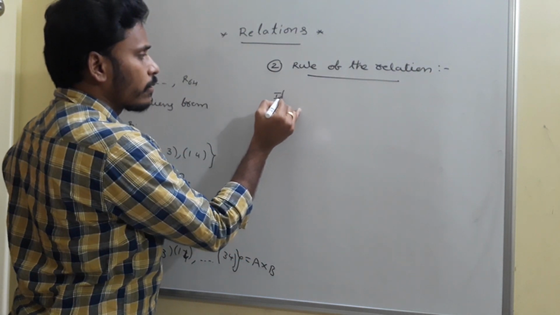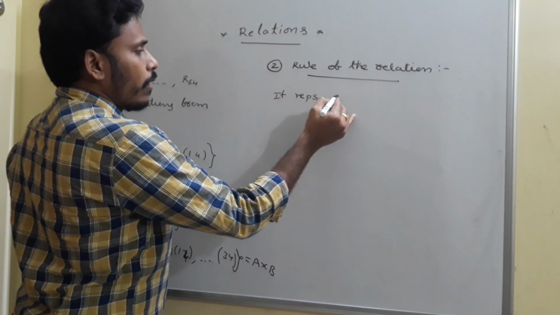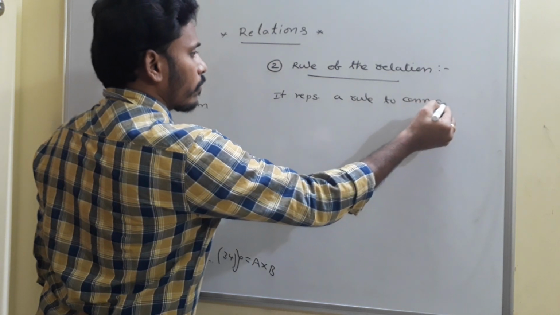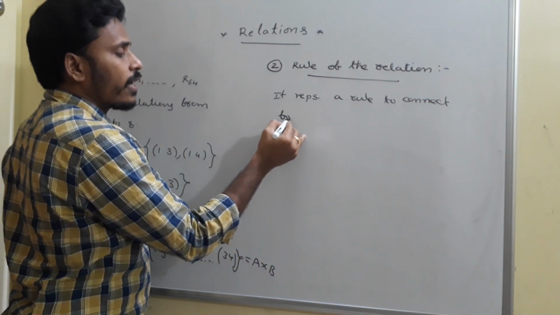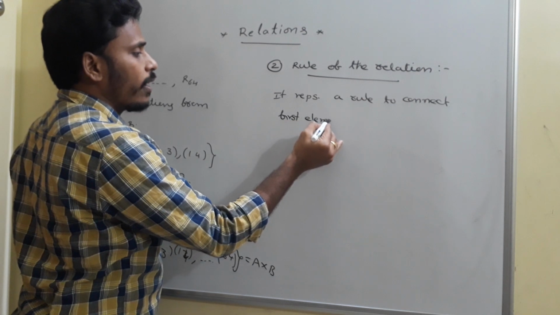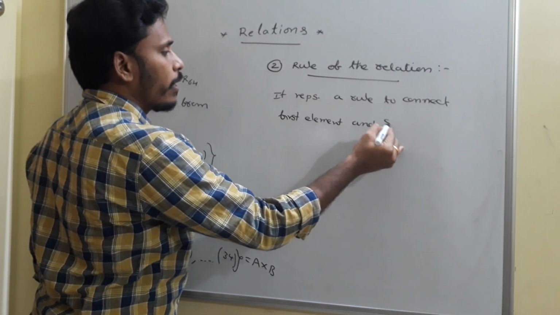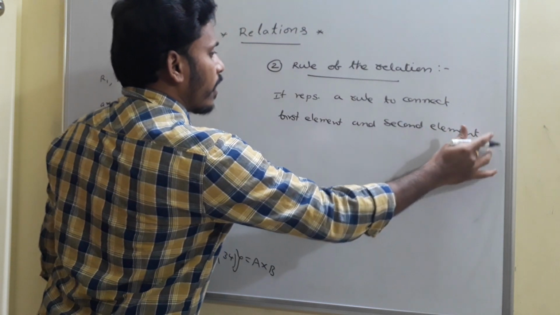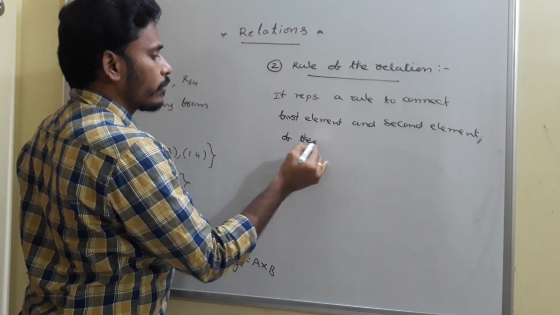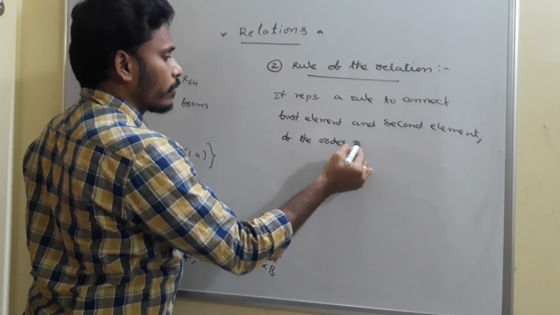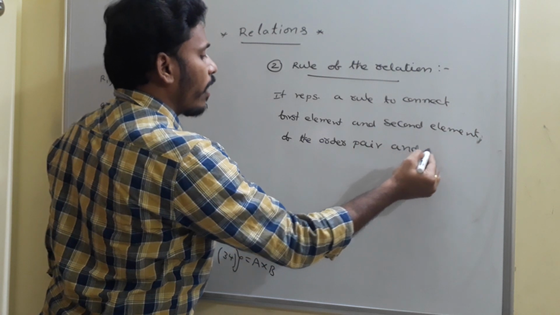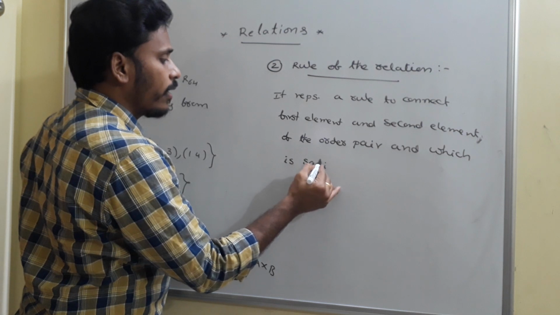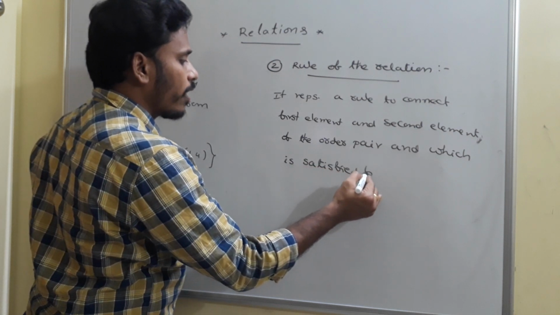It represents a rule to connect the first element and the second element of the ordered pair, and which is satisfied by every ordered pair of the relation.